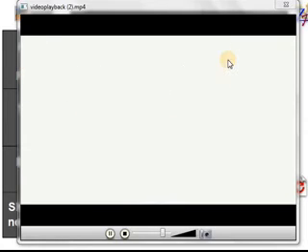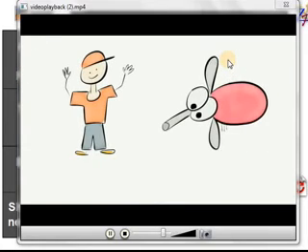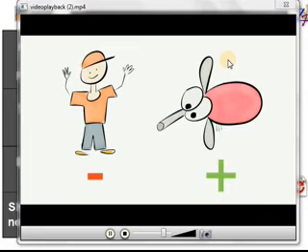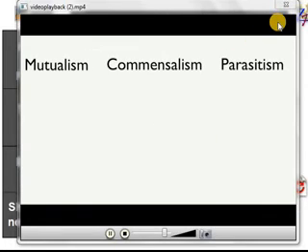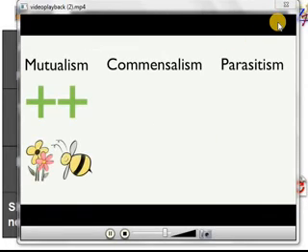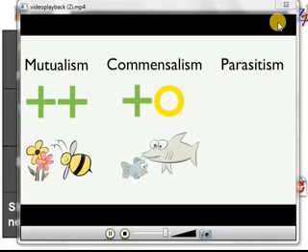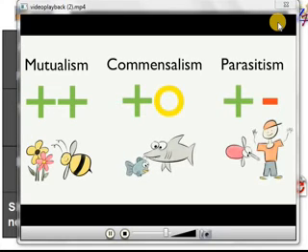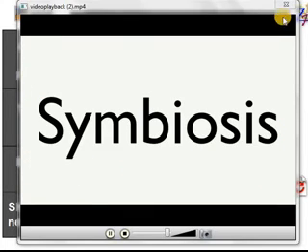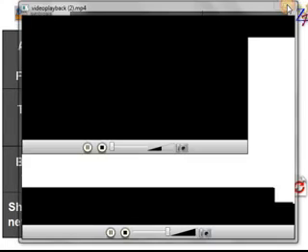In parasitism, one species benefits and the other is harmed. Mutualism, a relationship where both species benefit. Commensalism, one species benefits and the other is neither helped nor harmed. Parasitism, one species benefits and the other is harmed. Symbiosis.